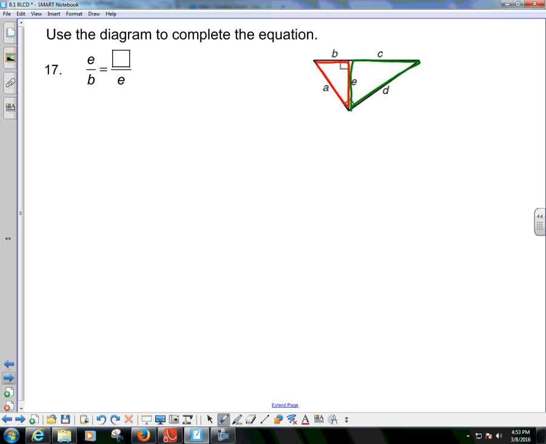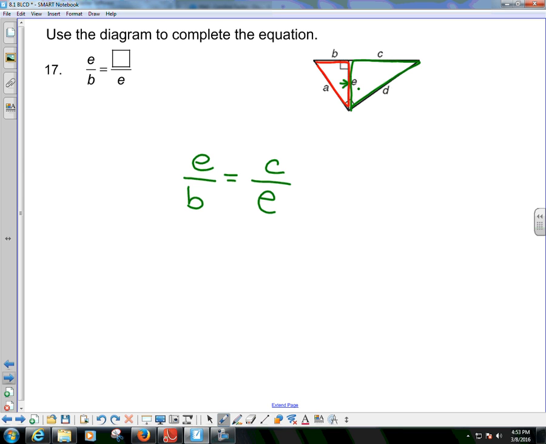So I'm going to say E over B is equal to, well, it wants to know E. What is E in the red triangle? E in the red triangle is the long leg, right? So I need to find the long leg in the green triangle. The long leg in the green triangle is C, so C over E.